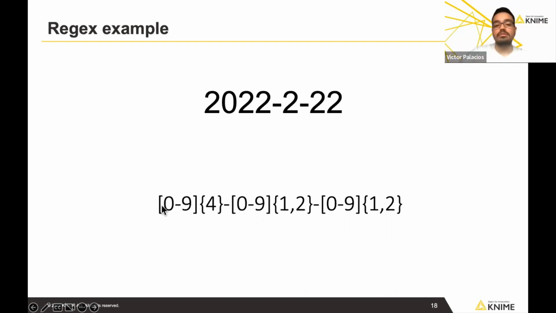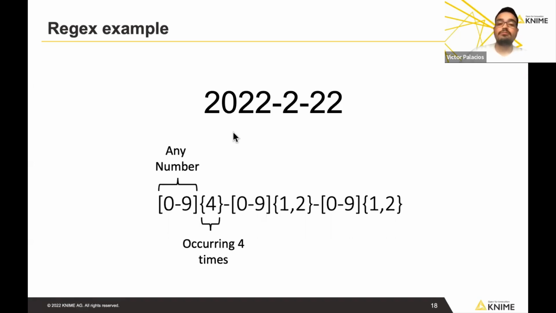We say bracket 0-9 bracket. This indicates any number. Then we say squiggly bracket and a 4. This indicates an occurrence 4 times. So literally find any number that appears 4 times, some sequence of numbers that appears 4 times. Then we separate the sequence by a dash, because here we have a dash.